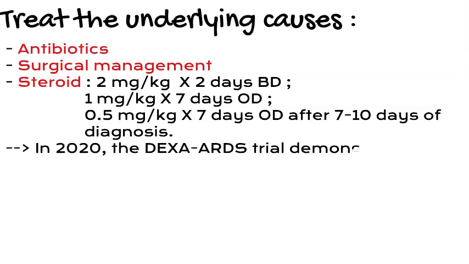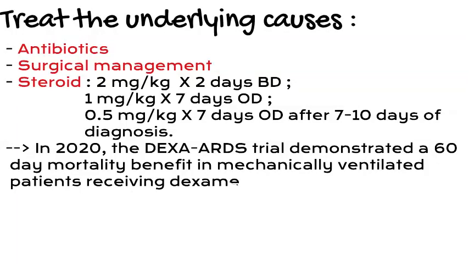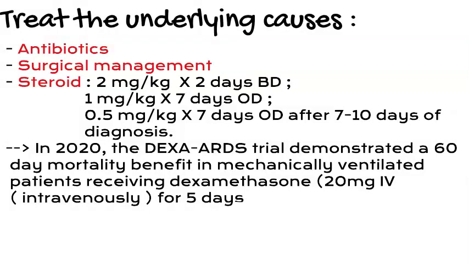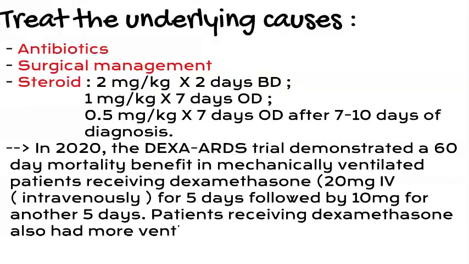In 2020, the DEXA-ARDS trial demonstrated a 60-day mortality benefit in mechanically ventilated patient receiving dexamethasone 20 mg intravenously for 5 days followed by 10 mg for another 5 days. Patients receiving dexamethasone also had more ventilator-free days.